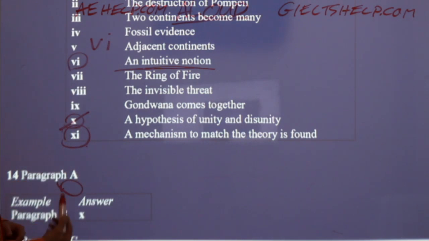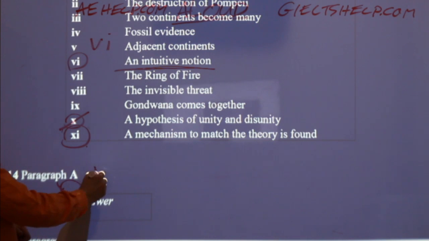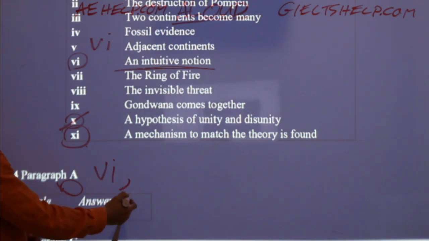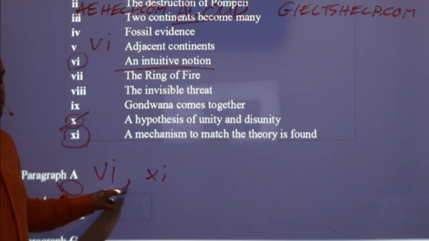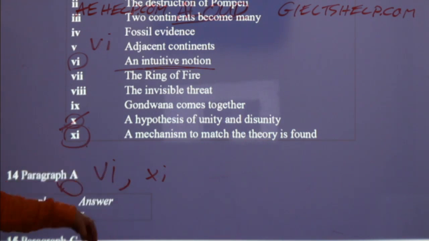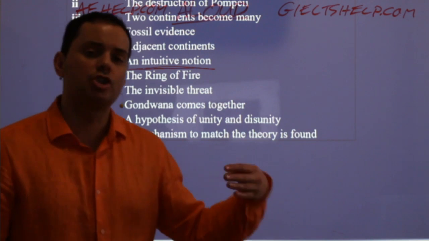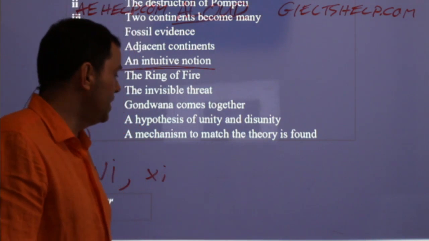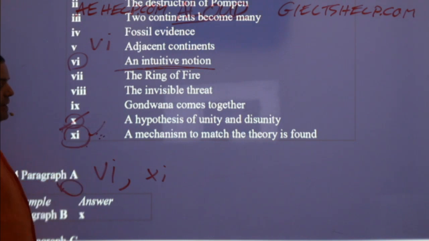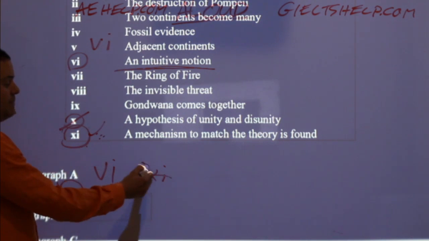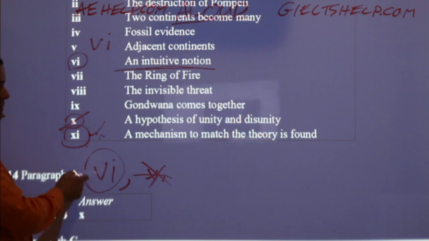So what you can do is you can say, well, maybe it's this one or maybe it's this one. Don't decide. Just pick both. And then when you're finished with the other choices and paragraphs, you might realize that this one is much better for a different paragraph. And then you'll realize that, by deduction, it has to be this one.